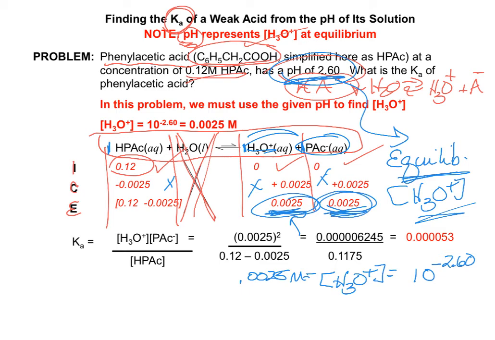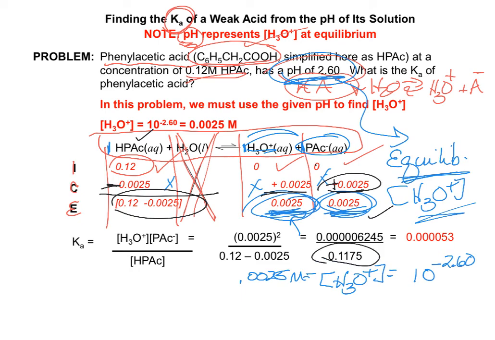Knowing the equilibrium concentration allows me to know what the change is, because 0 plus 0.0025 equals 0.0025, pretty simple. And then, since the reactant side is decreasing in concentration, remember to put a minus sign for the reactant. So doing our math, 0.12 minus 0.0025 equals 0.1175.